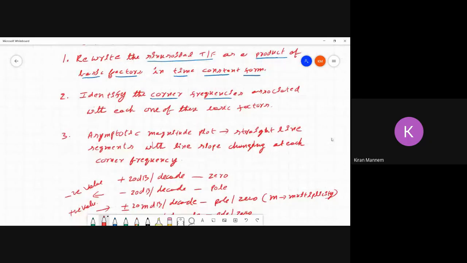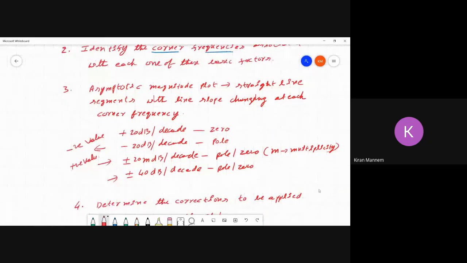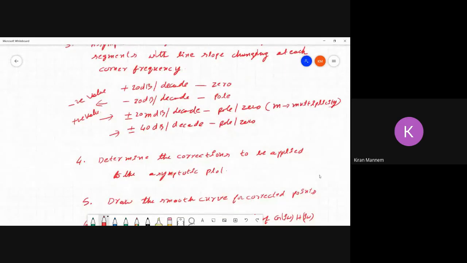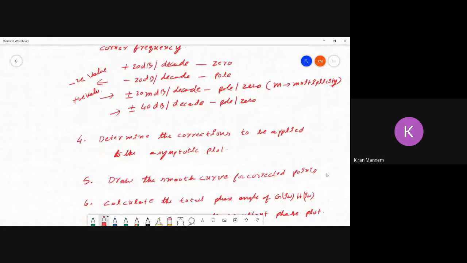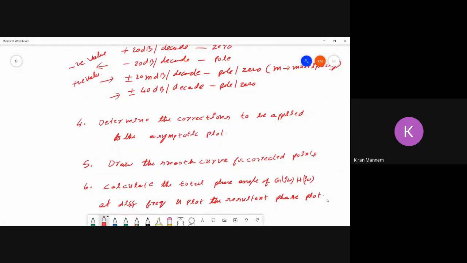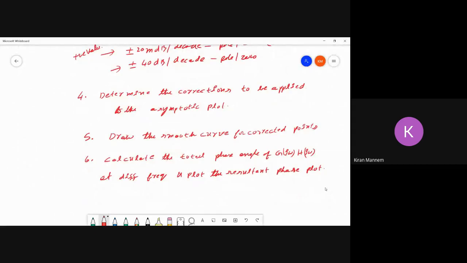Then identify the corner frequencies and draw the approximate graph by keeping all these basic factors in mind. The fourth step is to apply the corrections needed and draw the smooth curve for the corrected points. Finally, calculate the phase angle and draw the resultant phase plot.